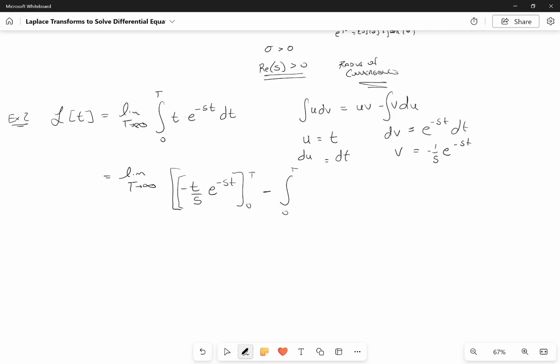So we have minus negative 1 over s, so I'm going to put a plus here, the 1 over s, times e to the negative st, and then du is dt.